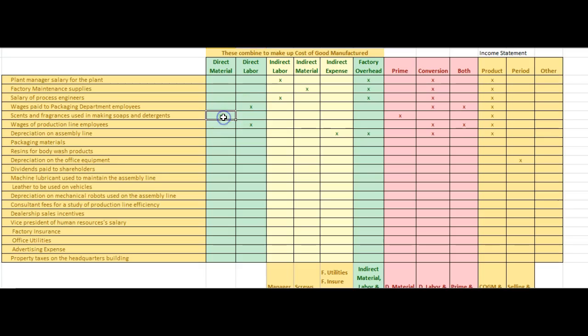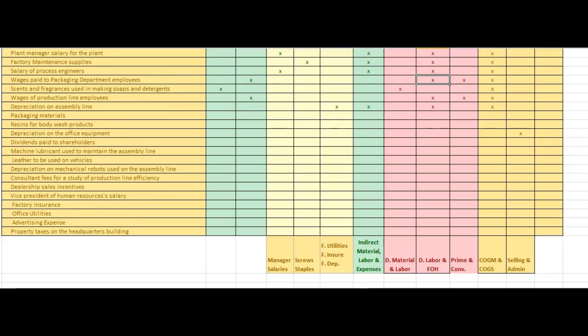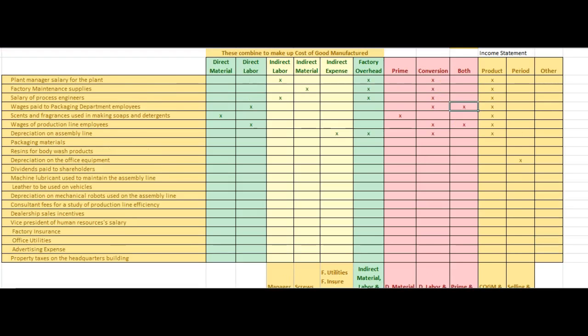You're going to have direct materials, which are the materials that make up the product. You need to be able to come across here and show what they are. Such as wages paid to the packing are direct labor, right? They are a conversion cost. But if you look down here, you find direct labor is also a prime cost. So you want to distinguish and say, oh, it's both. It's used on both sides.